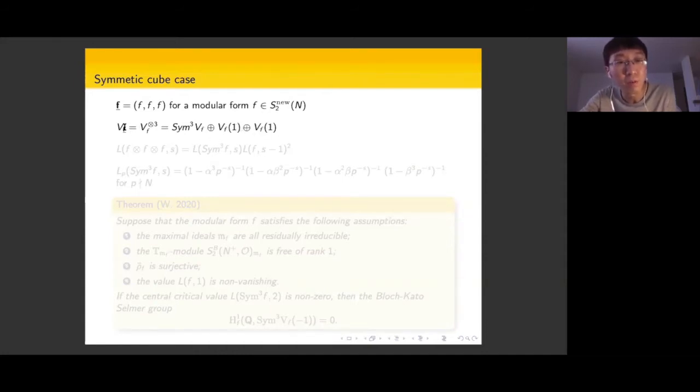So if you twist this by -1, then the symmetric cube component picks up this -1, and then the other two factors are just the Galois representation of F itself.